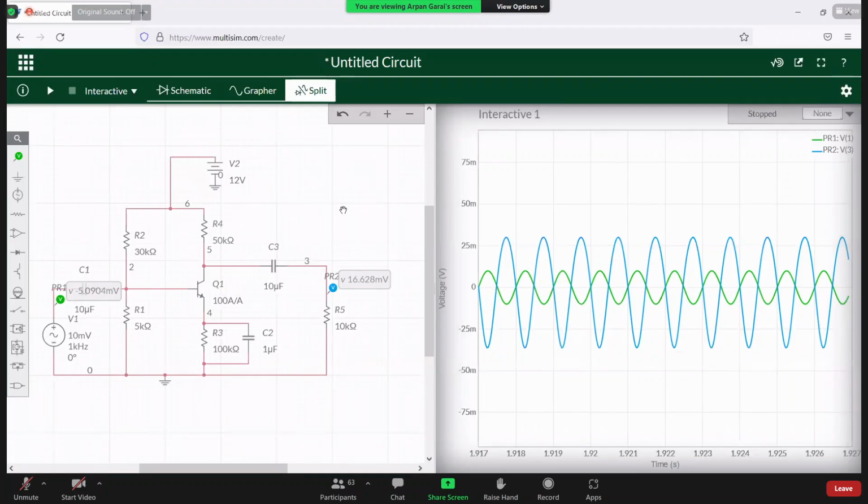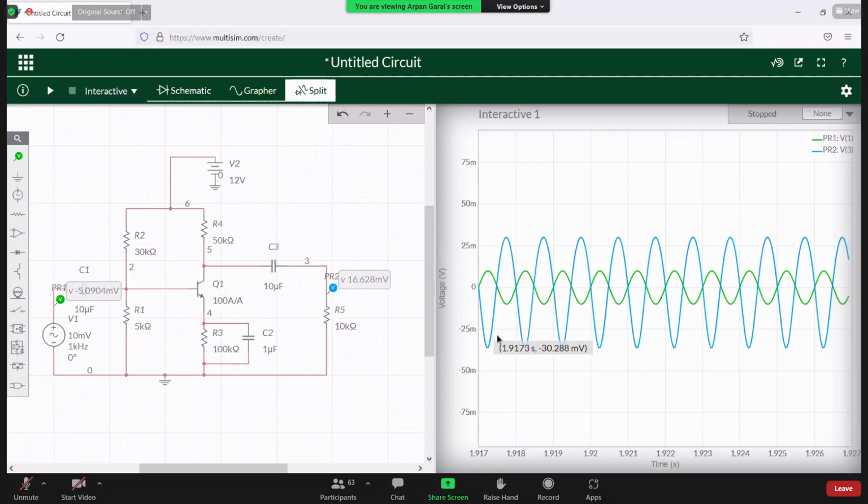Now you just see the output here. Here the green curve is the input signal. It is 1 kilohertz and 10 millivolt, so the peak value is almost 10 millivolt.